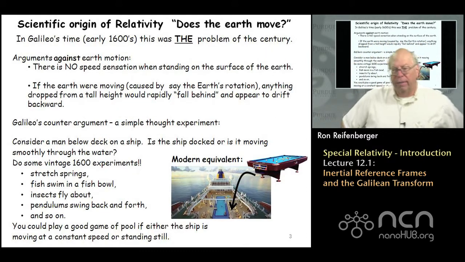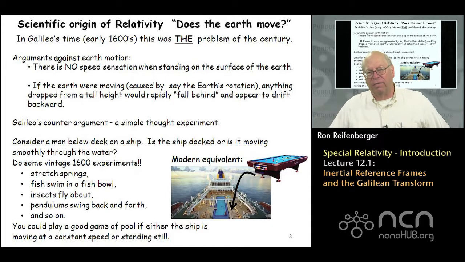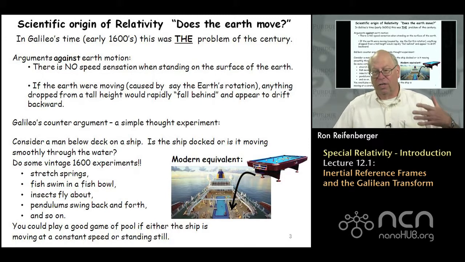So, in my opinion, the scientific origin of this concept of relativity really goes back to the early 1600s when the scientific problem of the century was, does the Earth move? Right? So you can contrast that to your favorite problem of the century we're currently in. There are many problems we're facing.